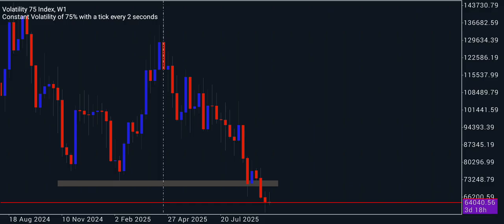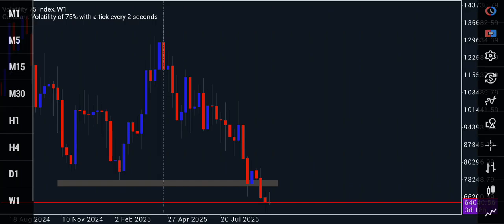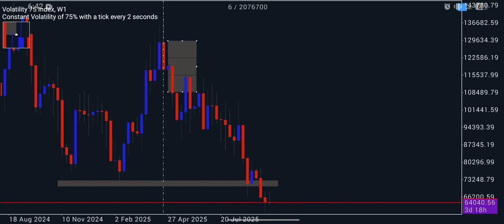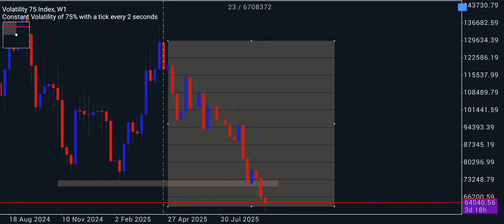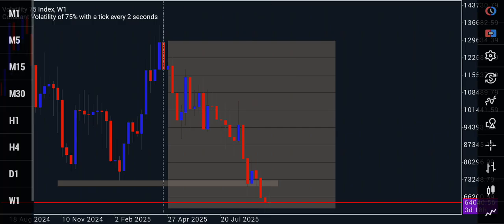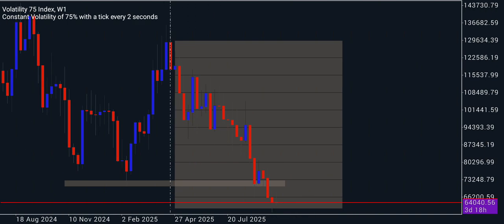So we are going to focus on this zone, and let's see the opportunities that the market presents to us as we go by. So we'll be going to the daily time frame to see how the market has been doing.